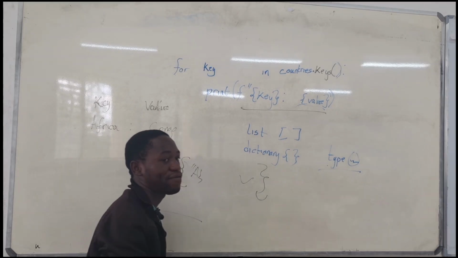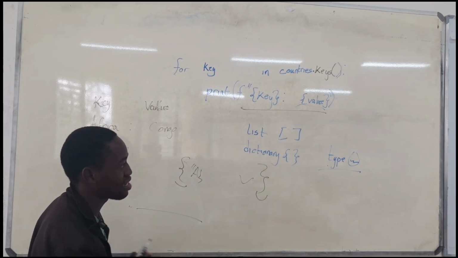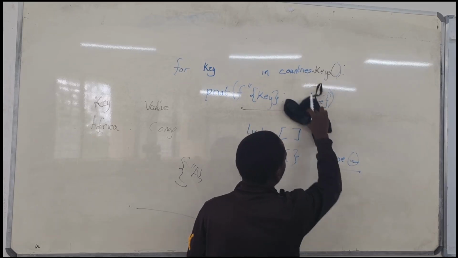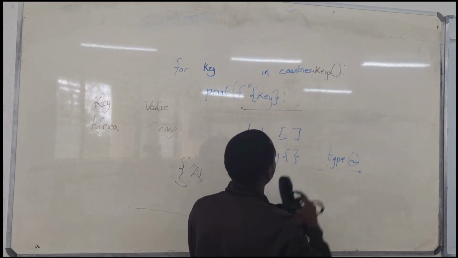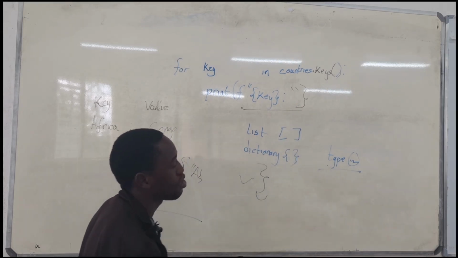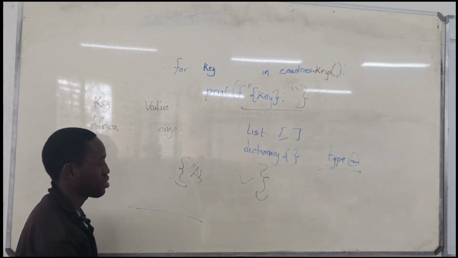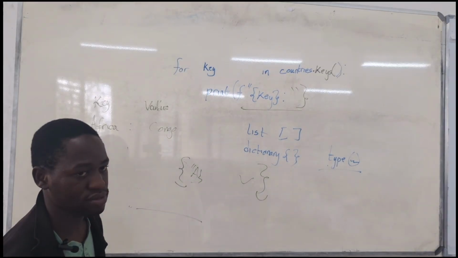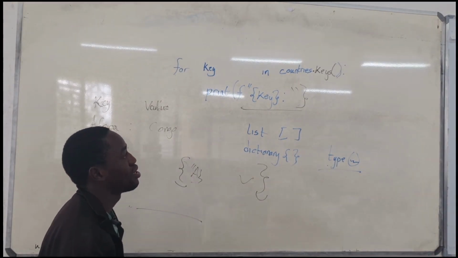That is if what you want to print is just the keys. So we don't have this anymore. Then the only thing it will output for you are the keys we had: Africa, Asia, Europe, and so on.